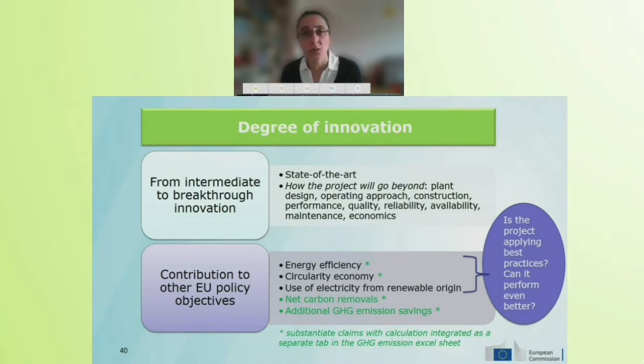Of course, we look at all criteria in second stage, and in degree of innovation, we have slightly reorganized the application forms to allow you to present even more clearly how your project is innovative.